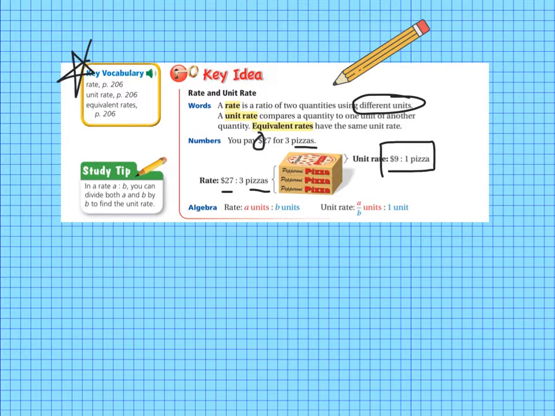So that's what it means when it says you compare a quantity to 1 unit of another. So we have 1 pizza, so that's 1 unit of another quantity. So we're comparing 1 pizza to how much it costs.